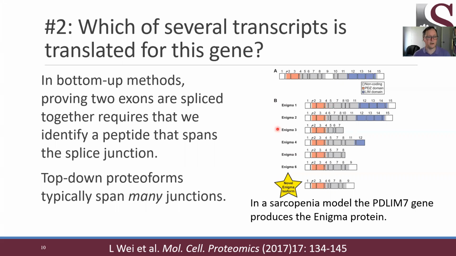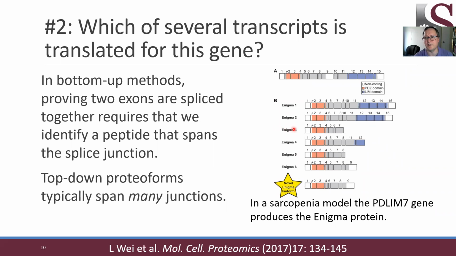So if you're trying to discern which of these exon splice events have taken place, you really need to have a peptide that lies right on the intersection between two exons, so that you have a few amino acids from this exon and a few amino acids coming from this exon, and therefore you can say, surely the isoform that produced these has spliced these two exons together.